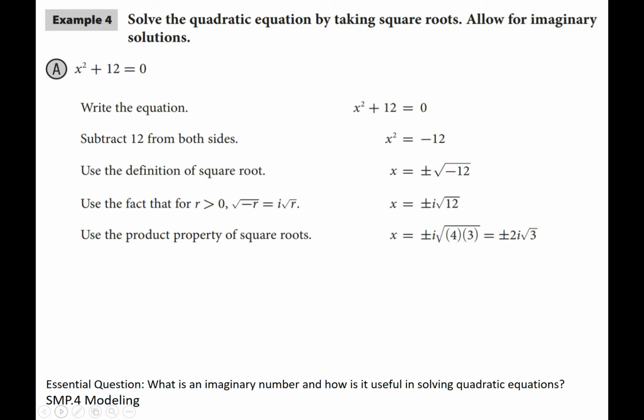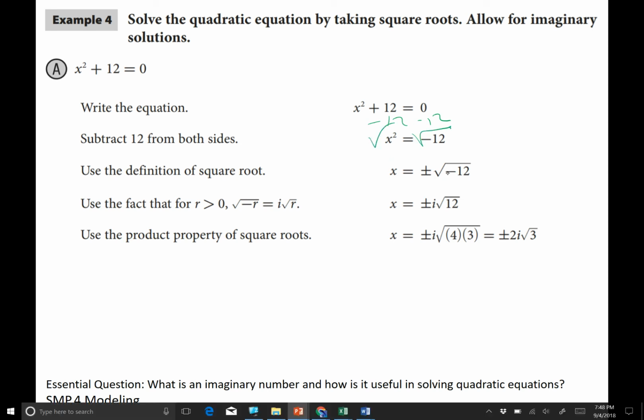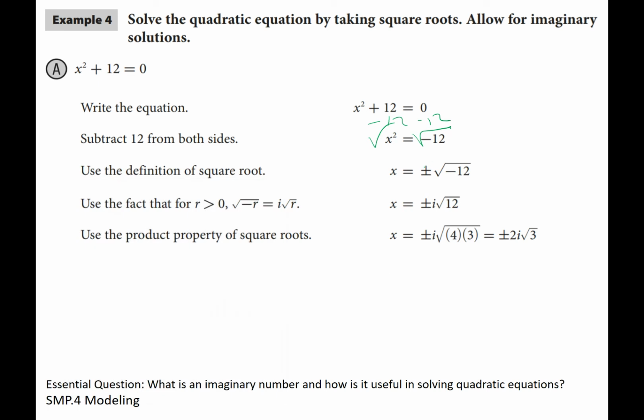All right, so let's go through this. We're going to solve the quadratic equation by taking square roots, allowing for imaginary solutions. So you're no longer going to write no real solution or no solution. You can actually find it because you have the i now. We write the equation, then they subtracted 12 from both sides, and then took the square root of both sides. Always make sure that you write a plus or minus in front.